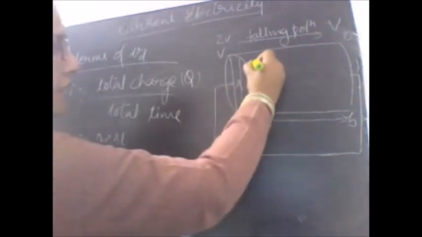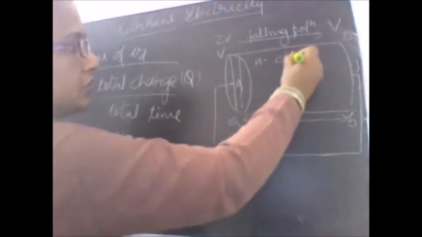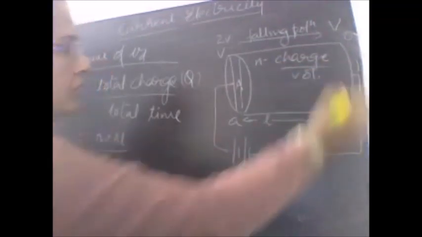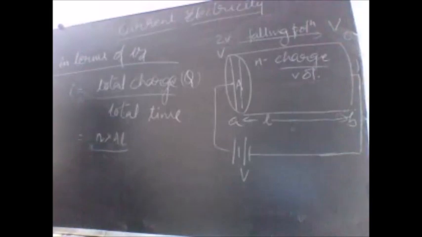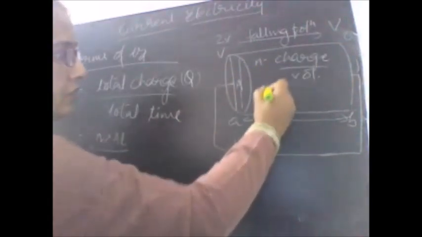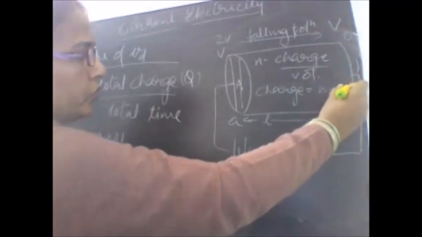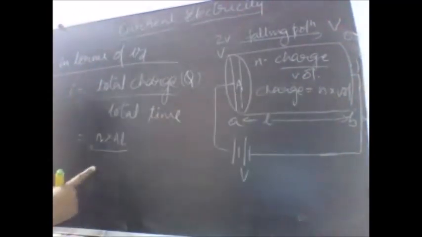What was this small n here? Small n was the charge density, which is charge per unit volume. So charge is equal to n into volume. This has given me the total charge.